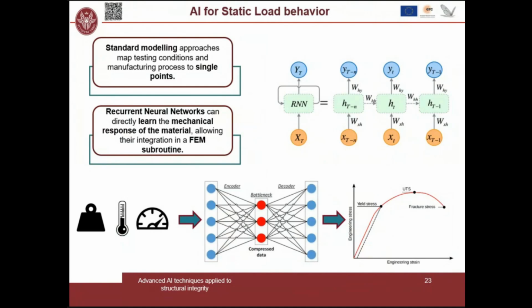Okay, and I also want a network that learns the plastic deformation, that learns the hardening of the materials, that learns maybe how these curves change while varying the manufacturing parameters, the testing parameters, the testing conditions, the strain rate, the temperature. Okay, I want something like that.